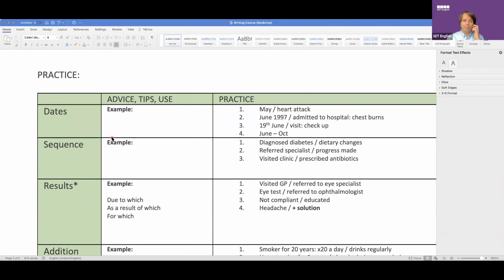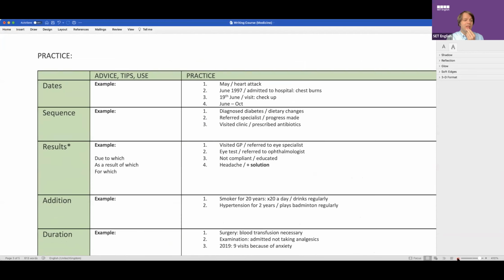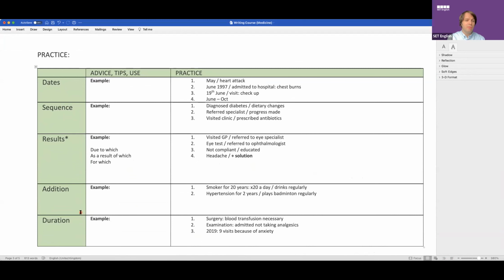So, advice, tips. We have the techniques on the left: dates, sequence, results, addition, and duration. We also have advice, tips, and use. I'm going to talk about why and where you should use these, and then we'll do some practice as well.